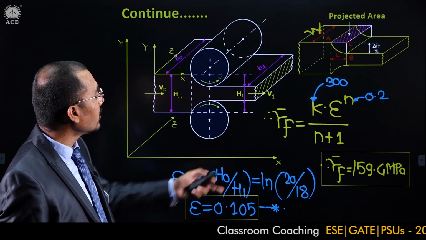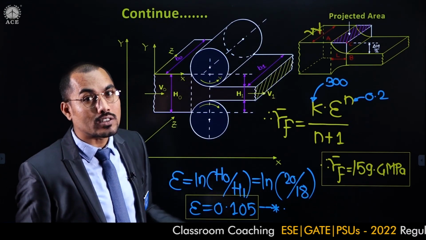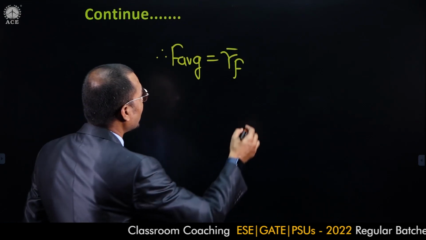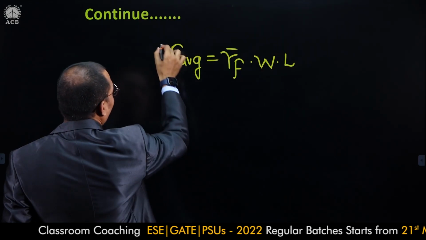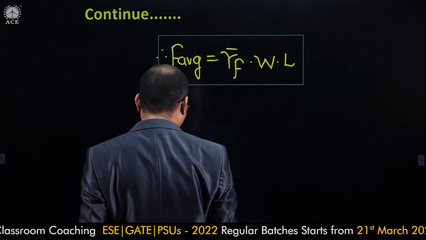The projected area is B into L, or W into L. This is the approximation formula.